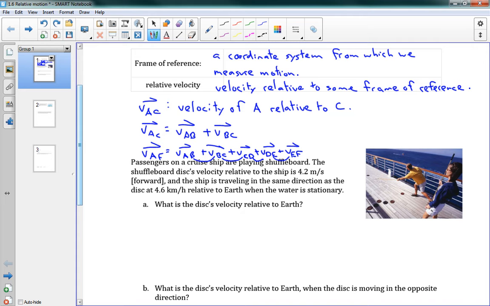We have A to B, B to C, C to D, D to E, and E to F finally. So the idea here is that we can combine a whole bunch of different reference frames this way.